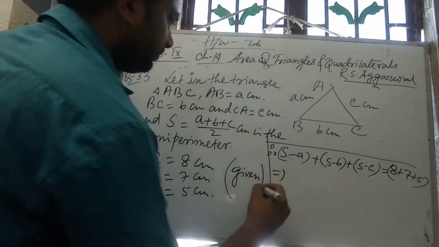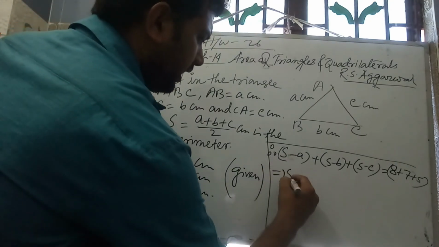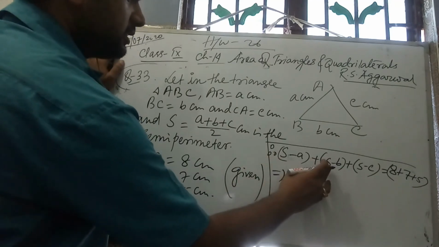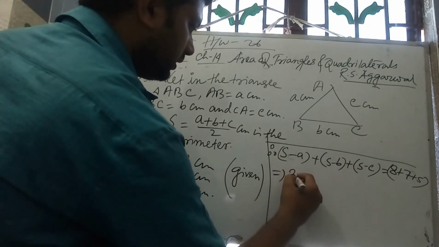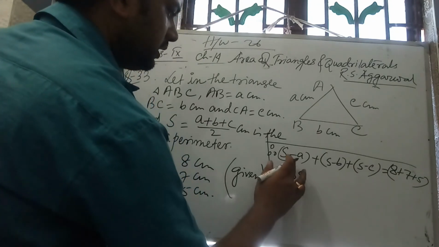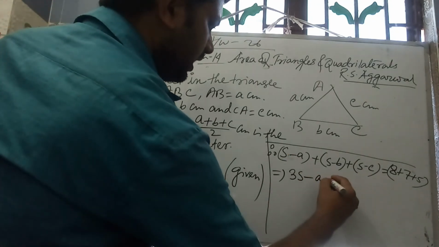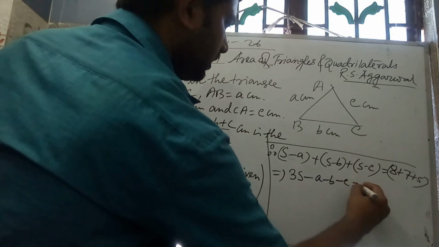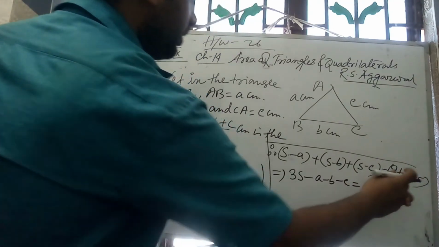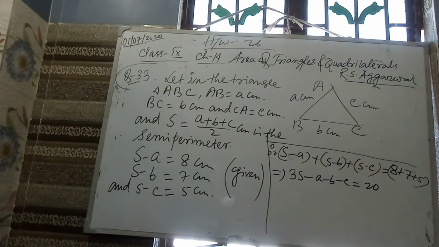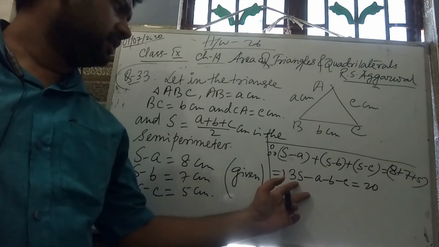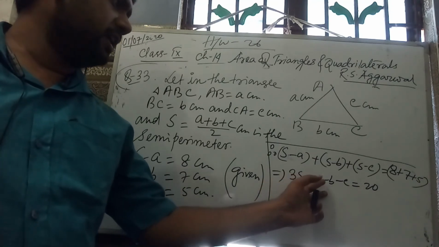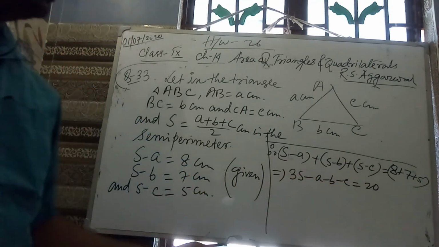That implies s plus s plus s, that is 3s minus a minus b minus c equal to 7 plus 5, 12, 12 plus 8, 20. Okay. So 3s minus a minus b minus c equal to 20.